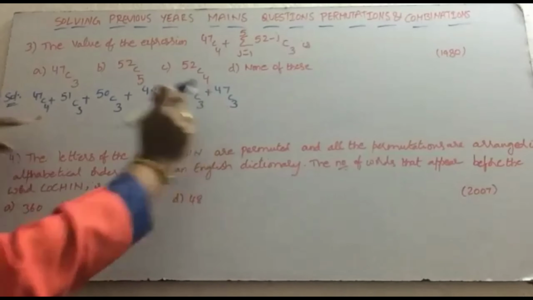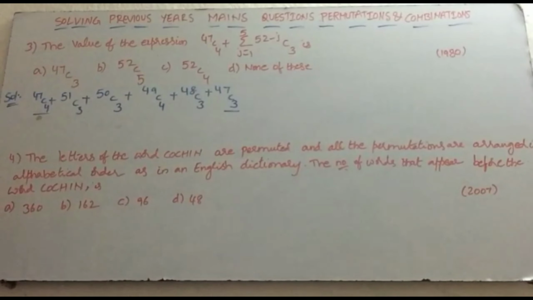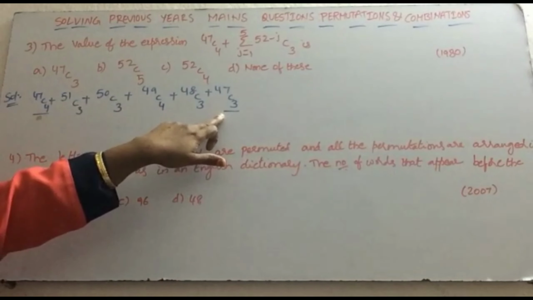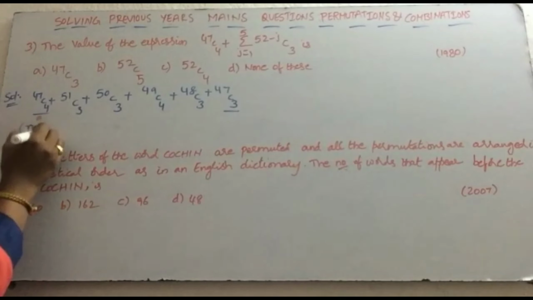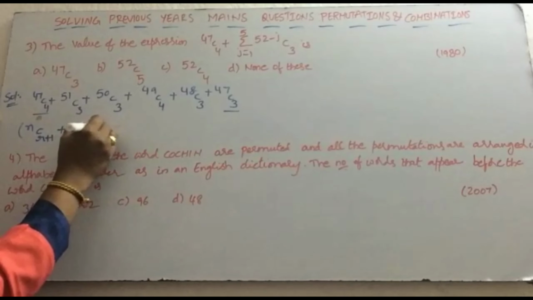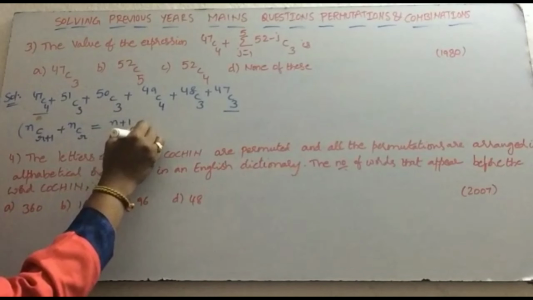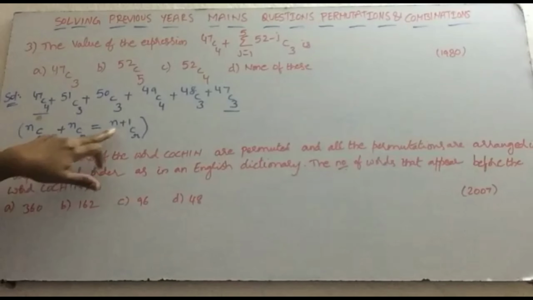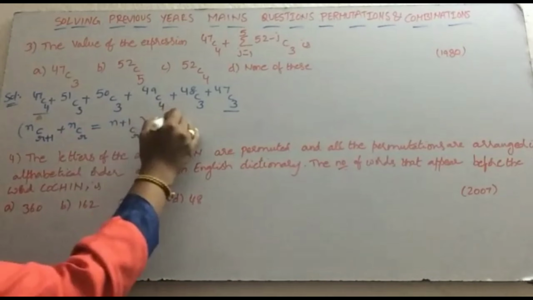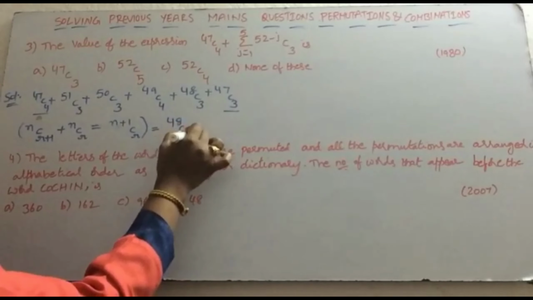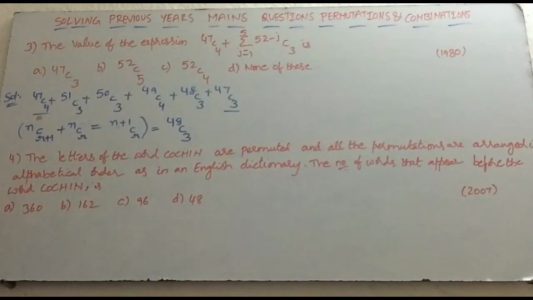Observe here 47C4 and 47C3. From these two, we know nC(r plus 1) plus nCr equals n plus 1 C(r plus 1).